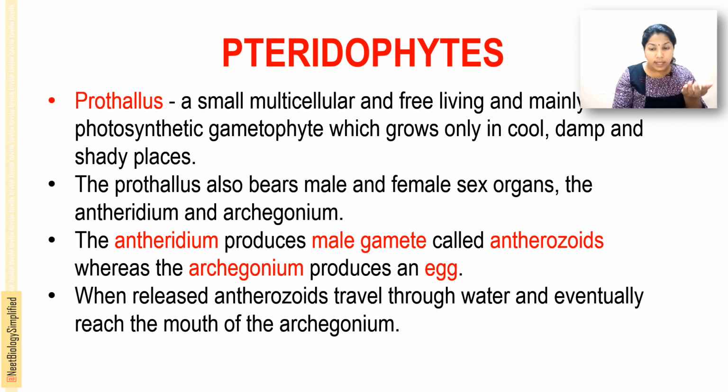The prothallus, the gametophyte of the Pteridophytes, is multicellular, small, free-living and mainly photosynthetic, and grows only in a cool, damp and shady environment. It bears the male and female sex organs called antheridium and archegonium. The antheridium produces male gametes called androzoids, whereas the archegonium produces an egg.